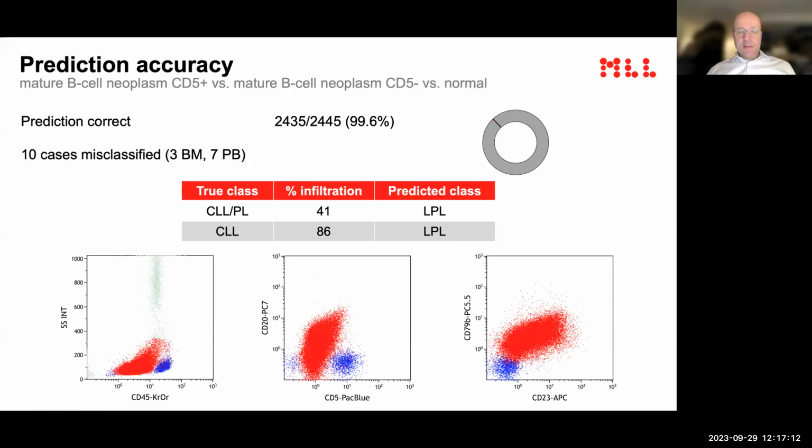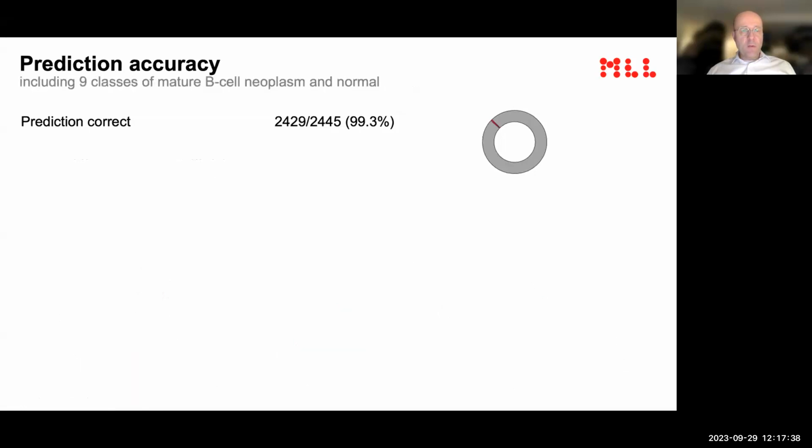And as you can see here, these cases, in fact, have a CD5 expression, although very dimly so, and had a CD79B expression, which may occur in CLL, but is also typical for LPL. So we try to understand the reason for misclassification to be able to work on that.